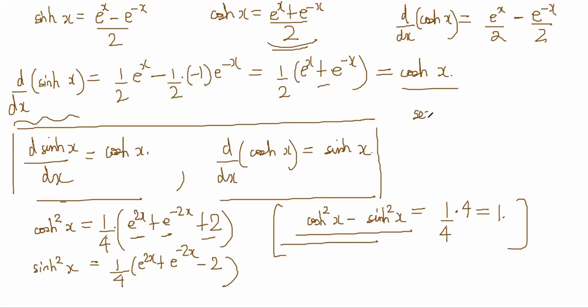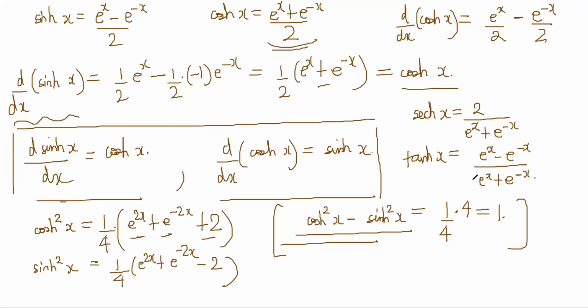Sech x will be 2 by e power x plus e power minus x, and tanh x was e power x minus e power minus x by e power x plus e power minus x, right? So let's try to figure out this identity once, because once we have these identities and one or two derivatives, then we will be able to get the rest of the stuff.